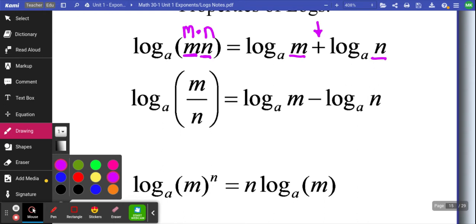Next log law is if you have an argument that is dividing. So if I have m divided by n. Arguments that are dividing can then be subtracted. So I would go log of m minus log of n.